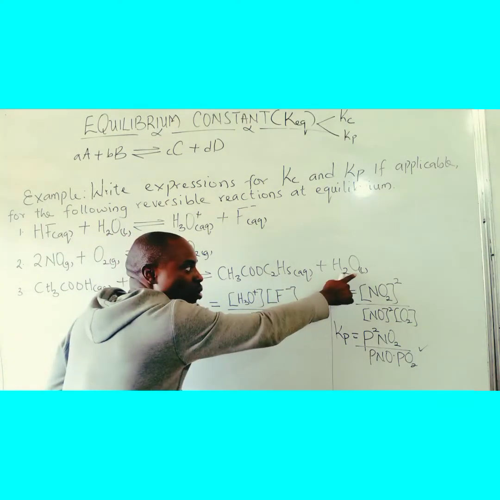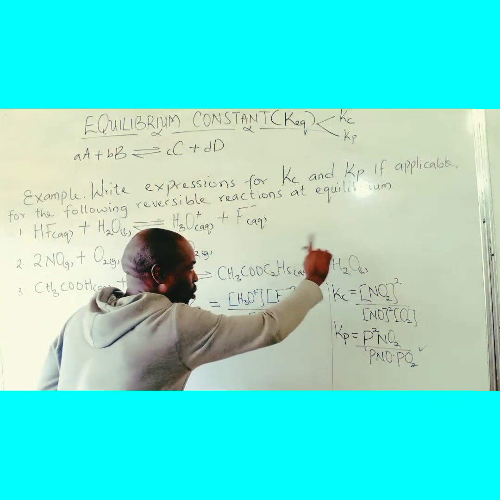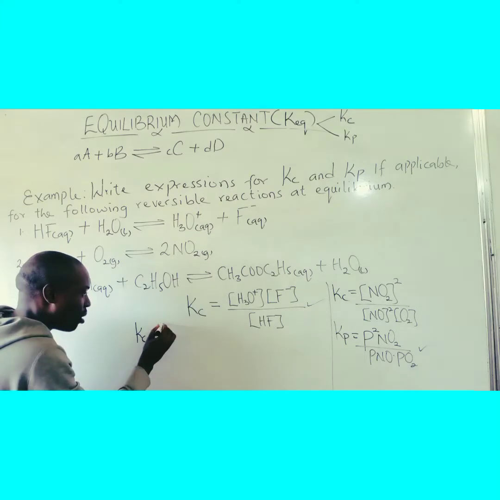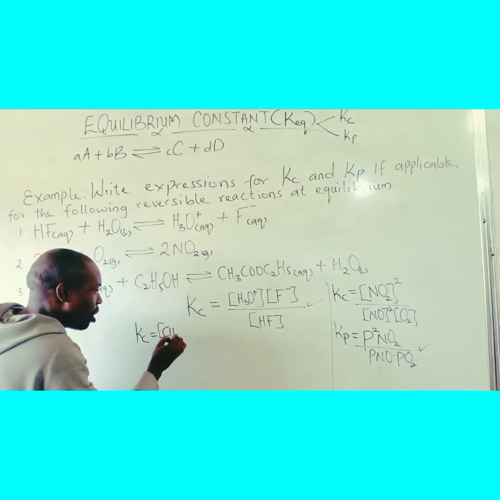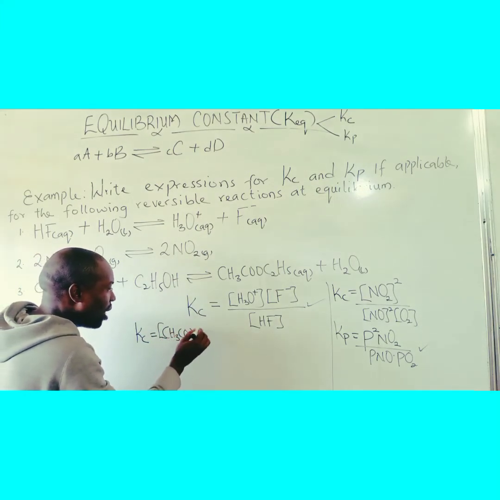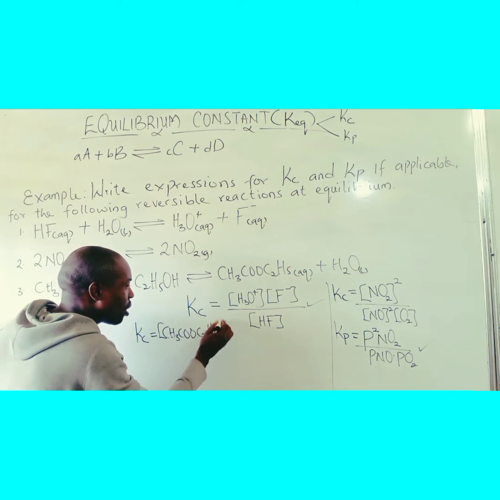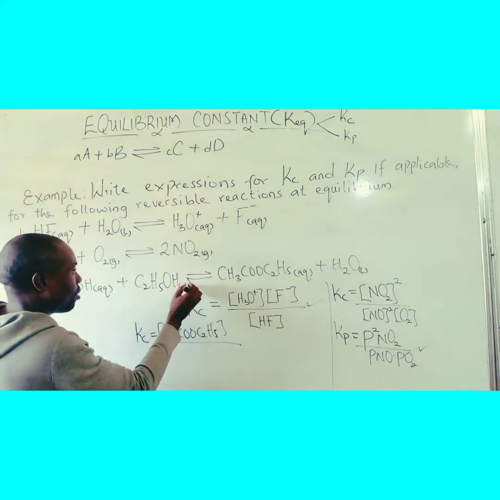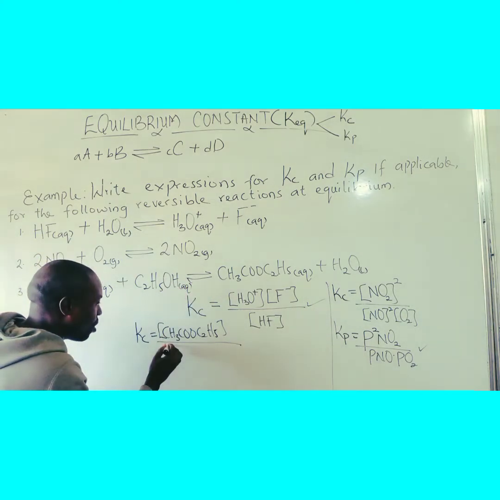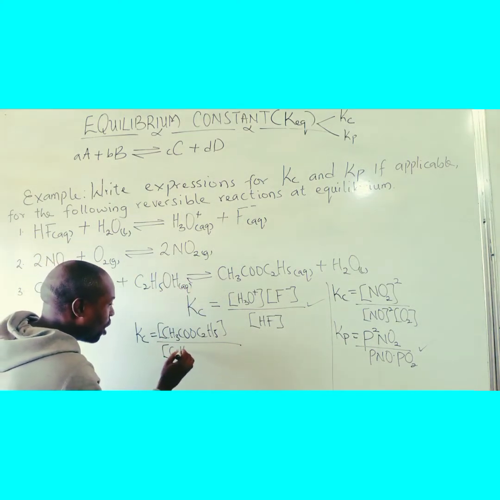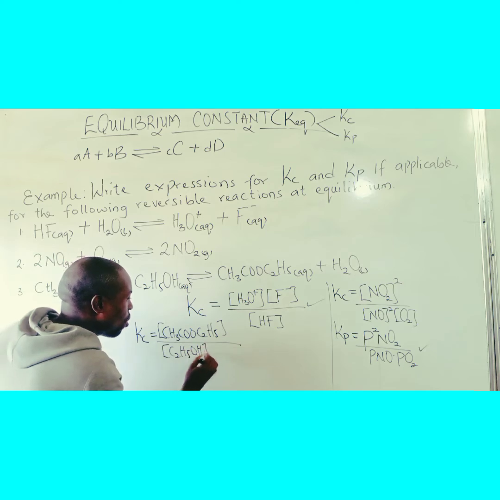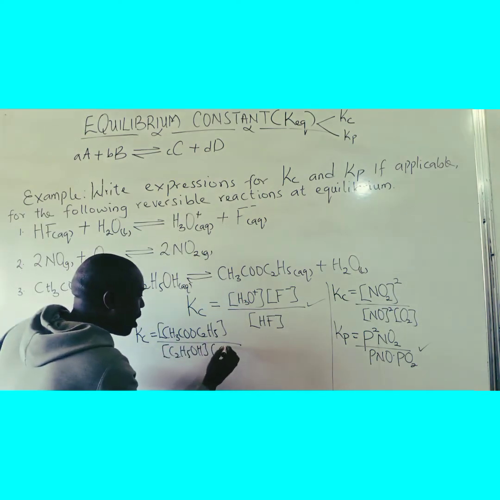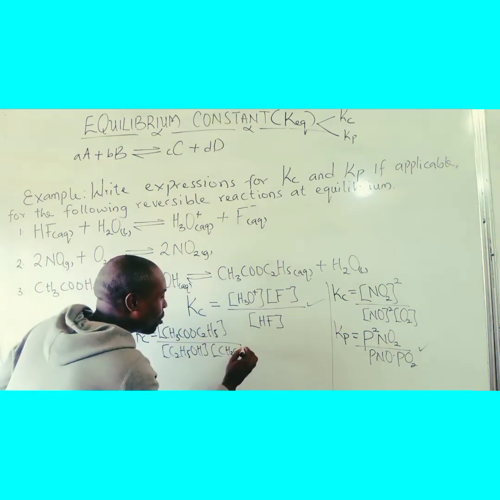I won't write the water here because it's in the liquid state, so it will be omitted. So it will be the concentration of ethyl ethanoate over the concentration of ethanol with that of the ethanoic acid.